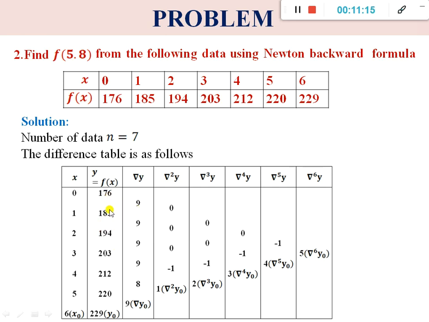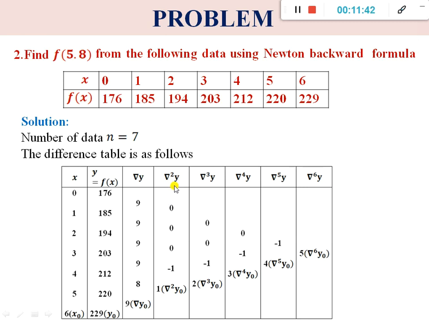The corresponding answer must be present in the middle of these two. 185 minus 176 is 9, 194 minus 185 is 9, 203 minus 194 is 9, 212 minus 203 is 9, 220 minus 212 is 8, 229 minus 220 is 9. So this is nothing but delta y naught.